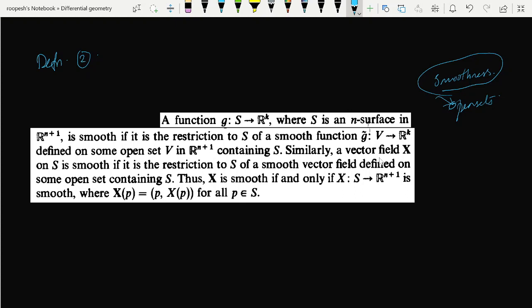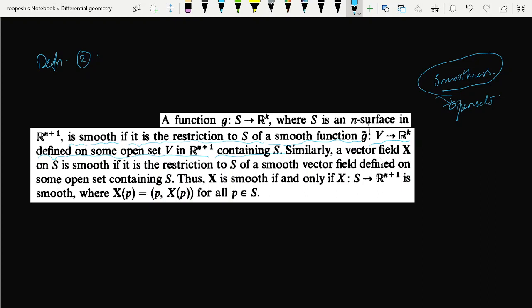So what's the meaning of that? A function g from S to R^k, where S is an n-surface in R^(n+1), is smooth if it is the restriction to S of a smooth function g tilde from V to R^k defined on some open set V in R^(n+1) containing S.